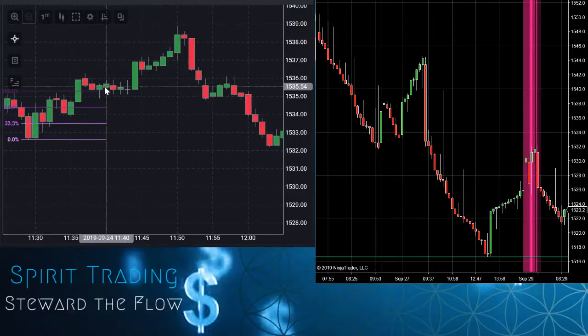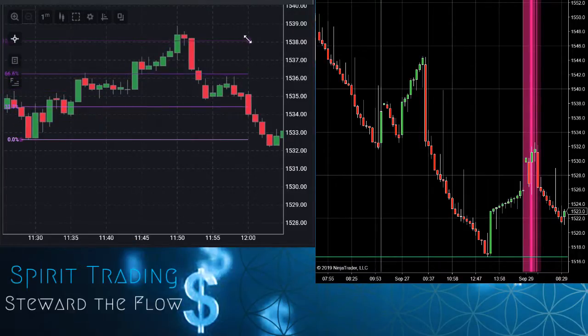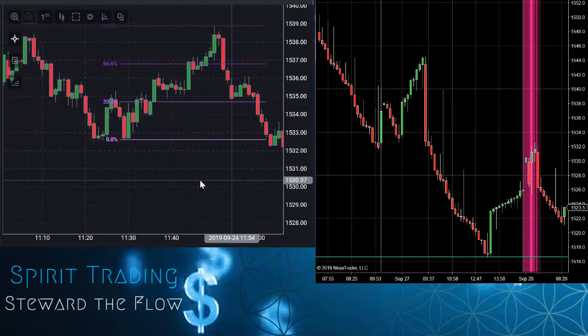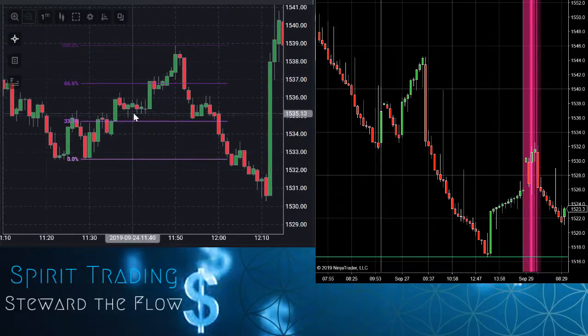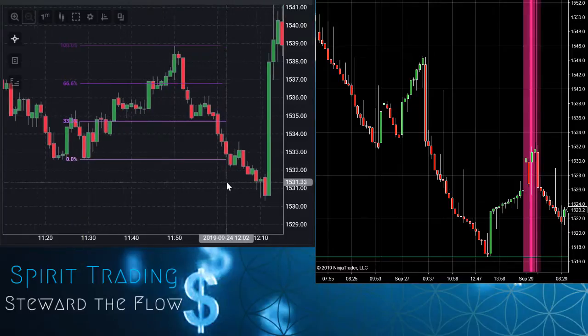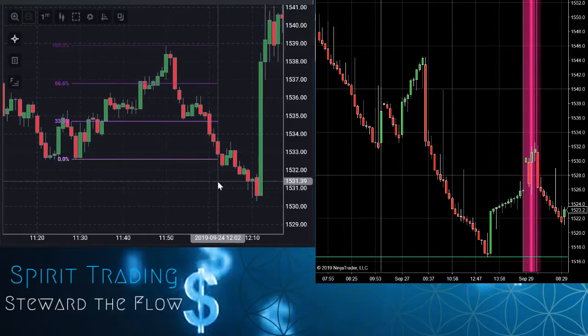This is a pretty big one. Look at this. See how it perfectly pulls back, comes down, even does this little taparoo thing, bounces, blasts down. This gives you a beautiful entry into this here. The 1/3 special. It's a 1/3.